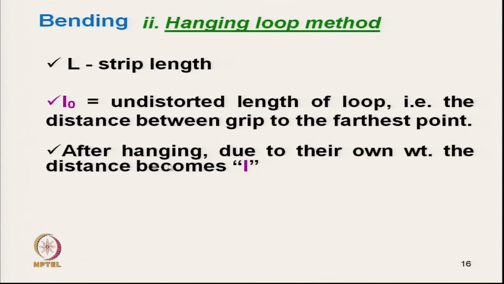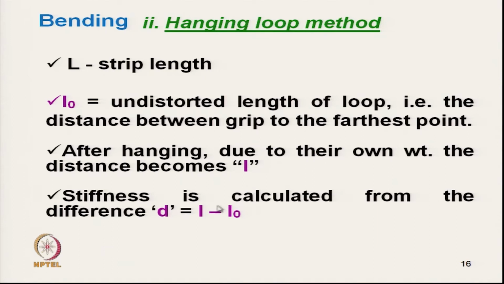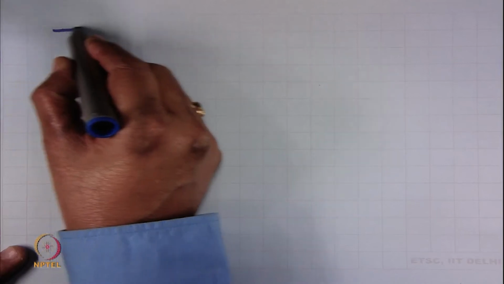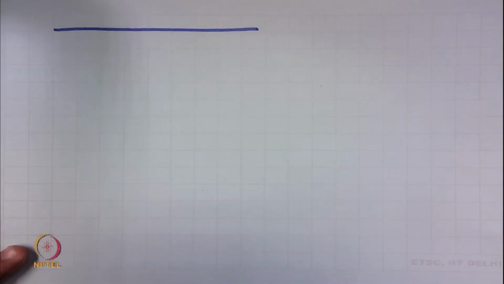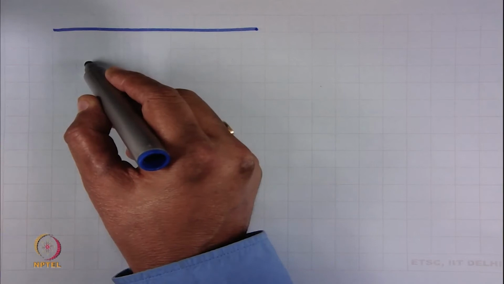After hanging, due to its own weight, the distance becomes L, and the deformation, that is the difference between L and L0, is used to calculate the stiffness. Now, let us see, basically there are 3 types of loops available. This is a fabric, which is a very limp fabric. Now, we have 3 different types of loops.